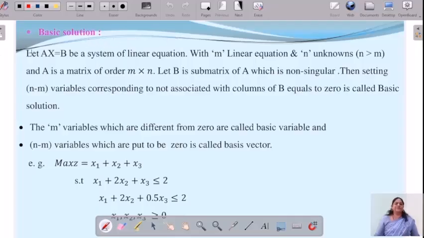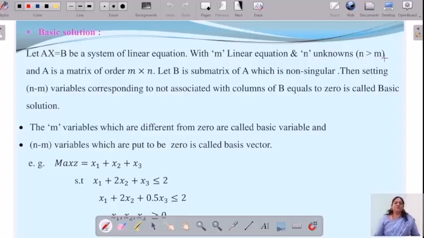Now let us see the definition of basic solution. As we know, every linear programming problem is converted into standard form, and LPP is written in matrix form also. Therefore, we consider the system Ax equal to b, a system of m linear equations in n unknowns.